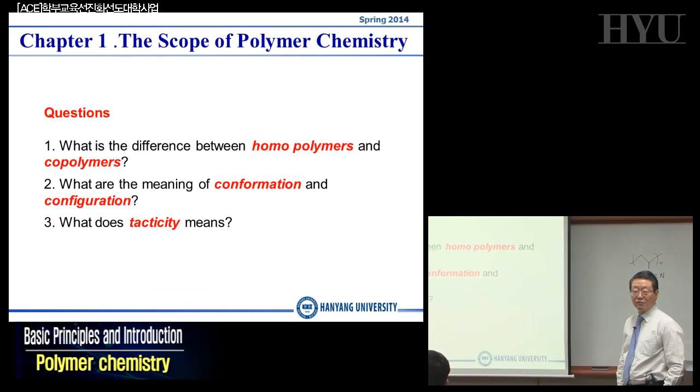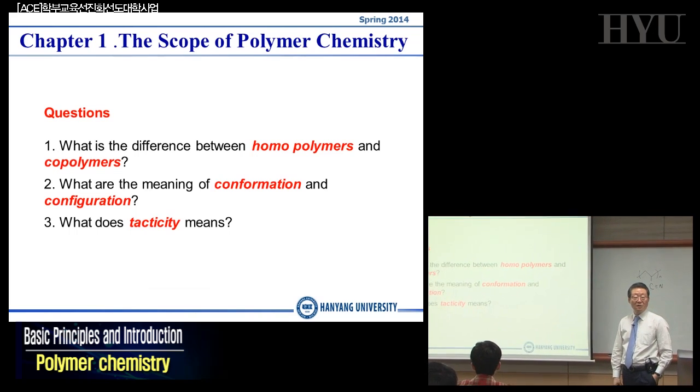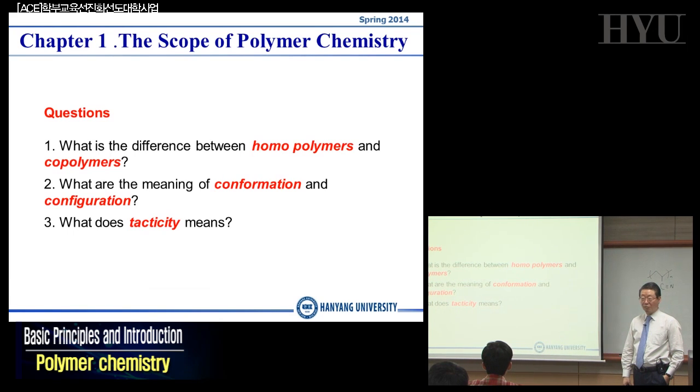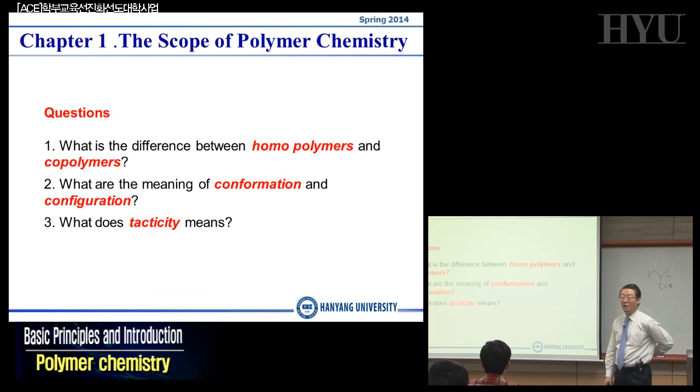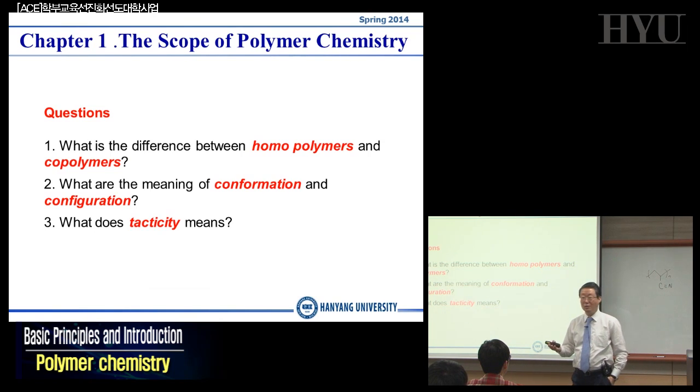Have you heard about the conformation and configuration? Of course, yes. Can you differentiate between these two? For example, have you heard about the isomer? Cis isomer and trans isomer.